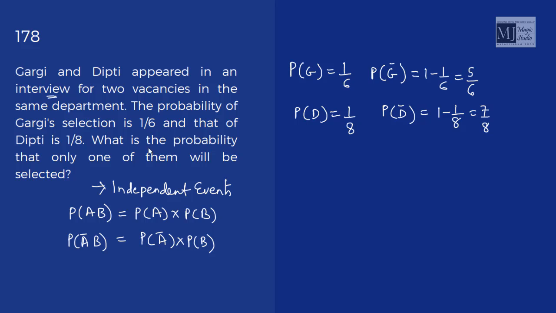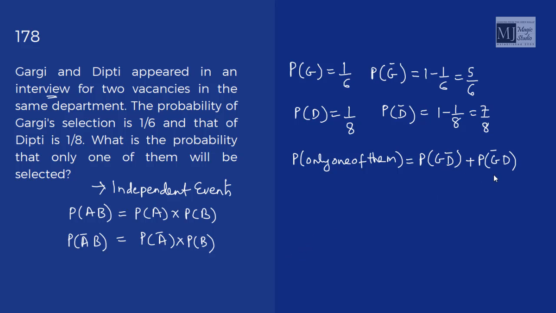What is the probability that only one of them will be selected? Only one of them would be selected. That means either G is selected or D is selected. If G is selected, that means that D is rejected, or if G is rejected, that means that D is selected.